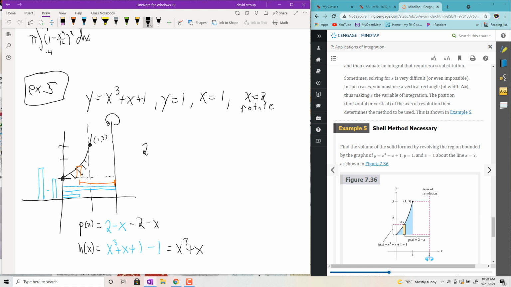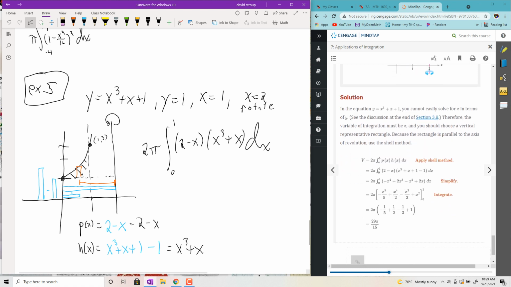So our integral will be 2 pi integral going from 0 to 1, and our two parts, the 2 minus x times x cubed plus x dx. And then you just FOIL that and integrate it, and you should be good to go.